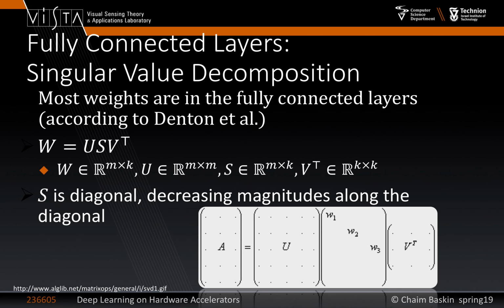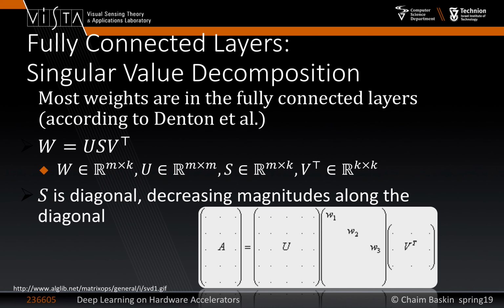So we can decompose our weight matrices with singular value decomposition, using matrices U and V transpose, and S, which is a diagonal matrix of decreasing magnitudes that we multiply with both U and V. By reducing the rank of the matrix S, we can reduce the amount of computation we need.